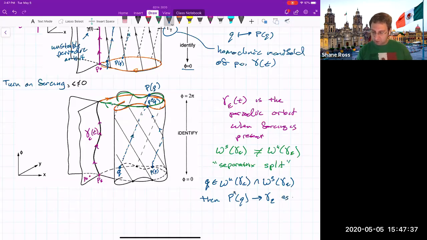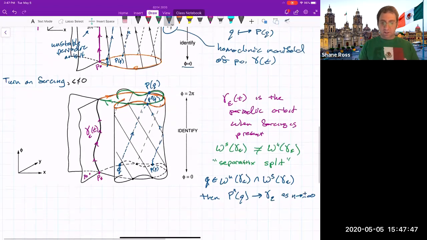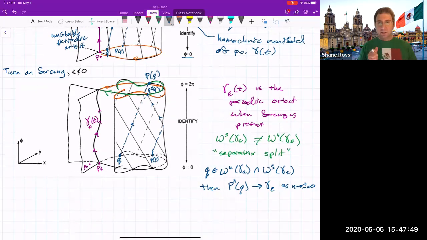Maybe I'll write it that way, as n goes to plus or minus infinity. So instead of having this entire sheet, we've got this set of points, and these are called homoclinic points.